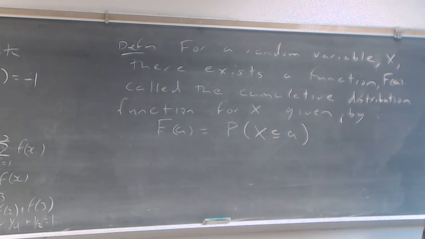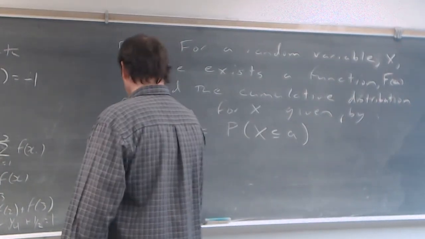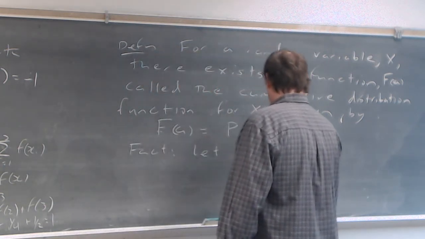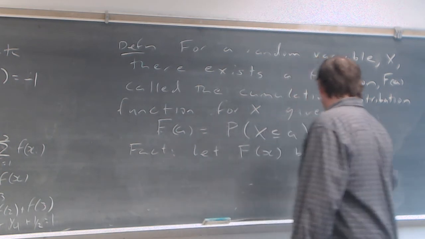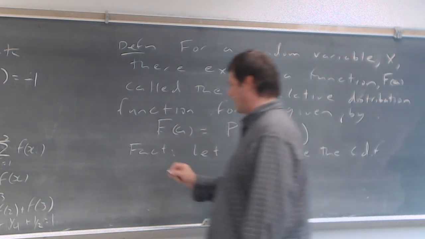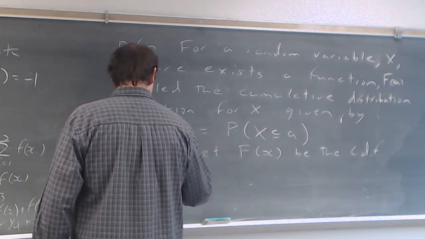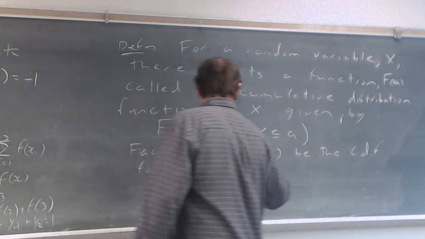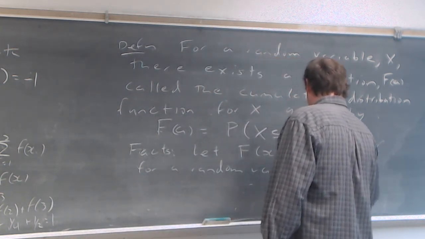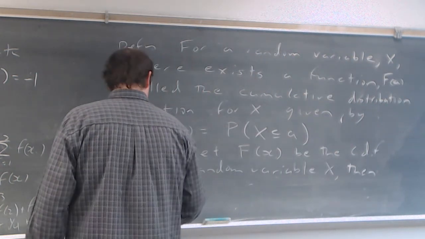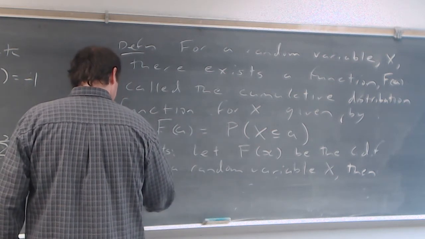We generally denote the cumulative distribution function by the CDF. And here are the facts. Let F of x be the CDF for a random variable X. Then, here's the first thing I want to tell you.